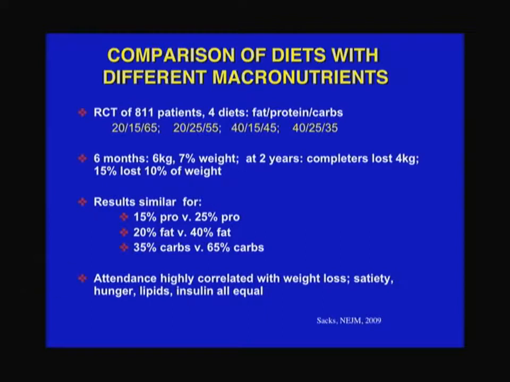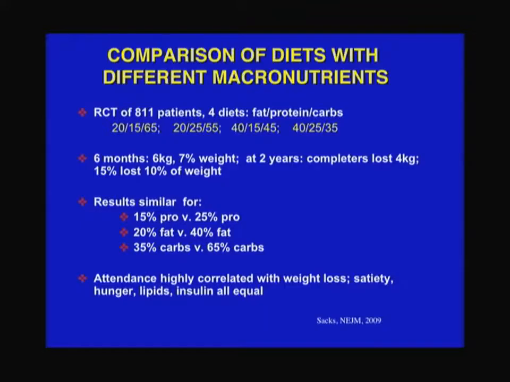And it turned out that they had a group program that attendance at the group, or what we would call medically adherence to the diet, was what predicted success. Didn't matter if you were on the Zone diet, the Atkins diet, the Weight Watchers diet, or the Ornish diet, all the same, as long as you were adherent to the diet. If you weren't adherent, didn't matter what diet you were on. So diets do work. They work in limited fashion.